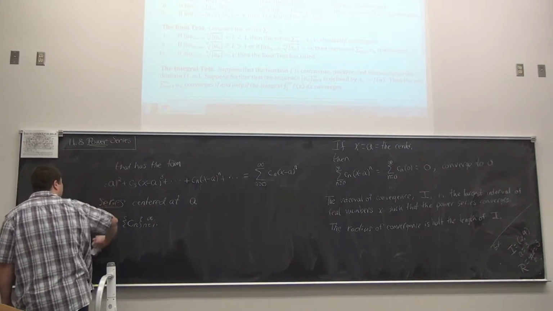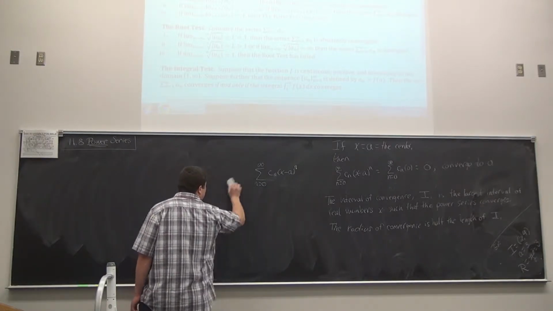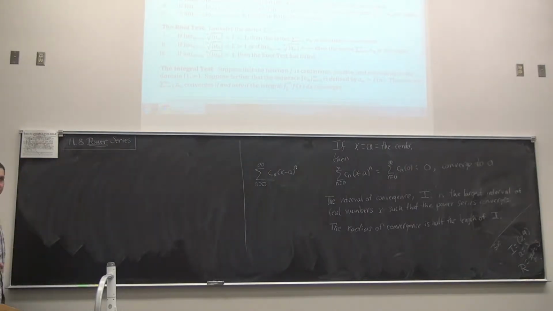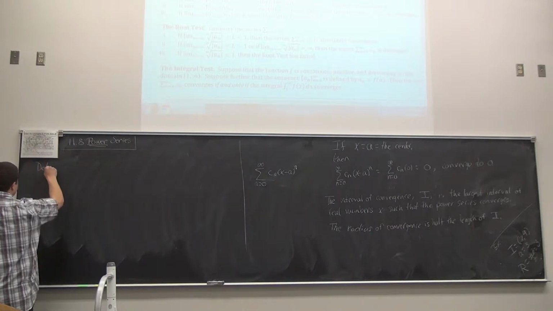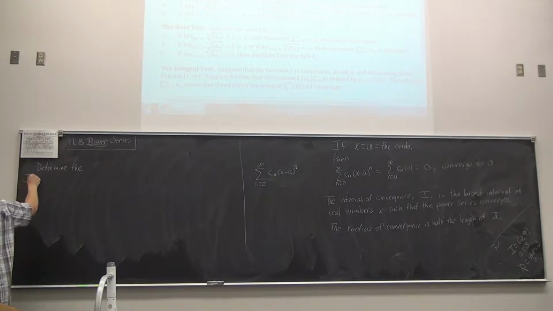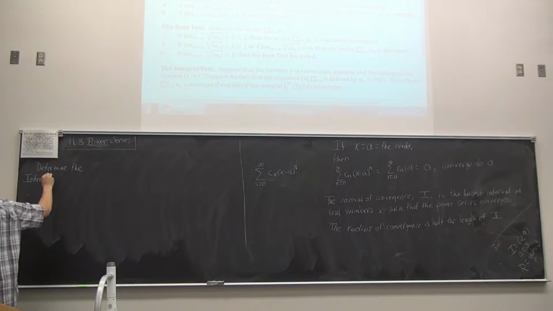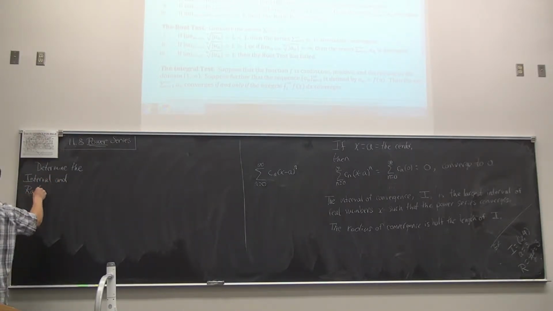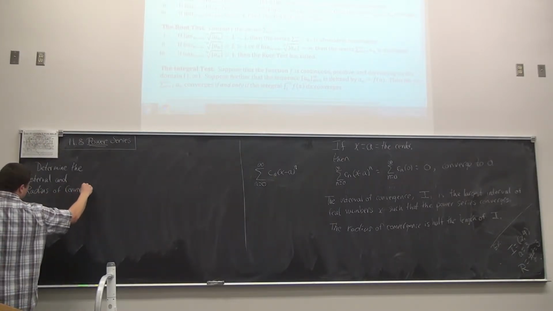Sadly, we have to let something go. Let's get rid of this definition first. Maybe leave that, since that's our power series centered at a. And this is what the instructions are going to look like for this new set of problems. It's going to say to determine the interval and radius of convergence.